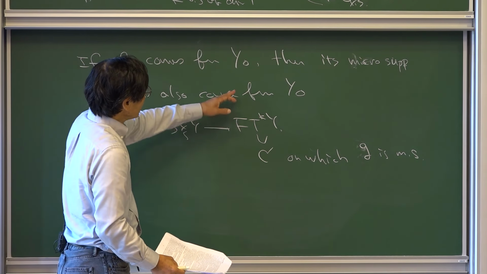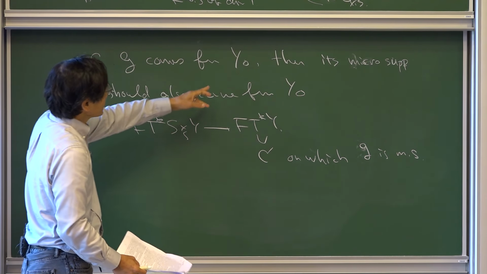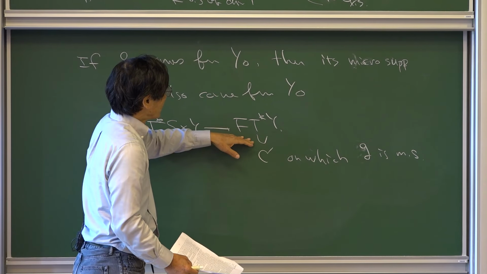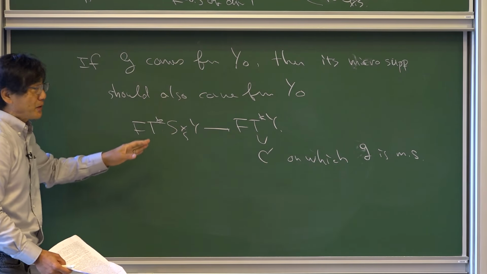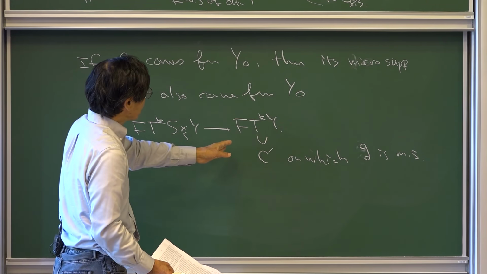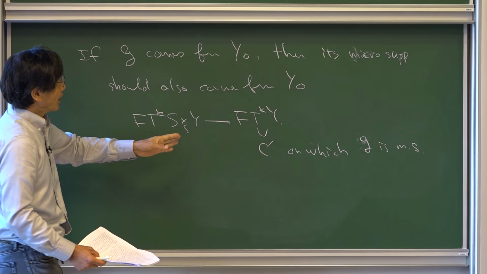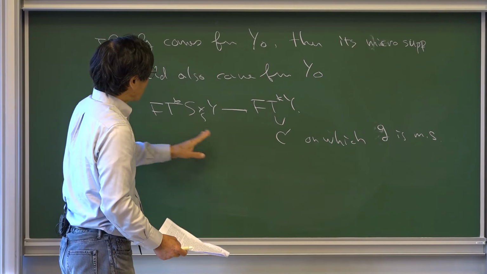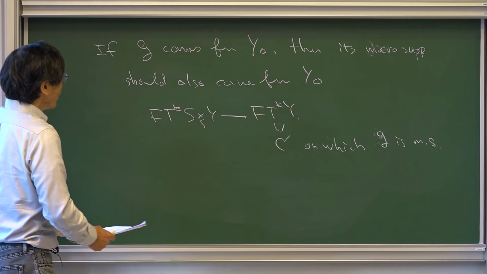This Y0 is a virtual object. If we have Y0, then this bundle should be a product of this and a product of that. But we don't have such a product decomposition. But we still want to say which C prime comes from Y0. That means that this C prime should be perpendicular from this pullback.